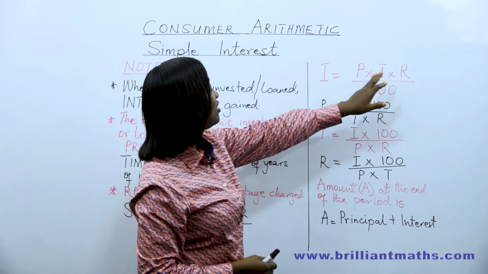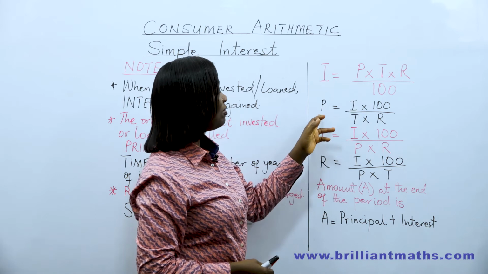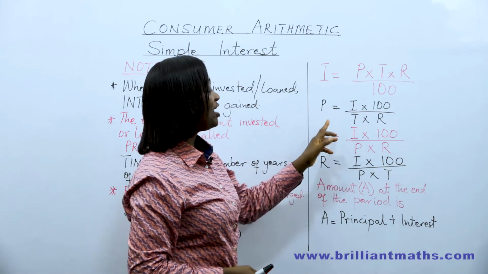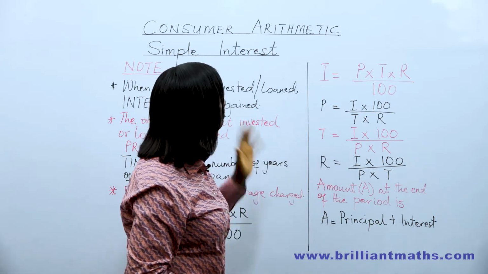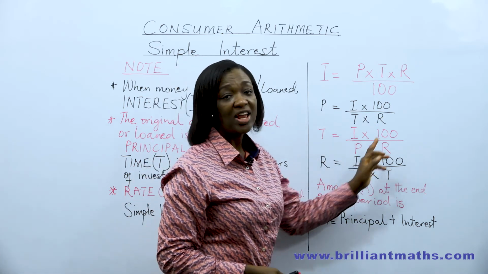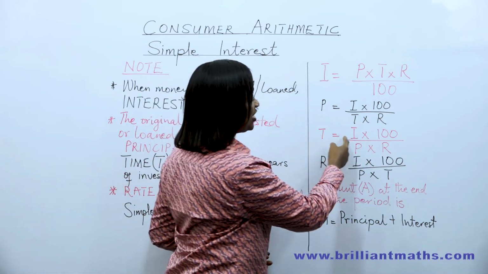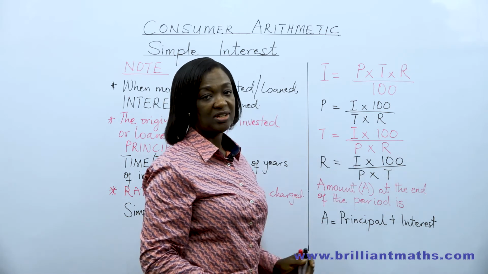So if you have the time, the rate, and the interest, the formula for finding the principal is interest times 100 divided by time times rate. If you have the interest, the principal, and the rate, and you have to find the time, the formula is the interest times 100 over the principal times the rate.